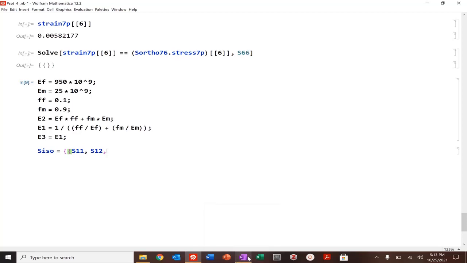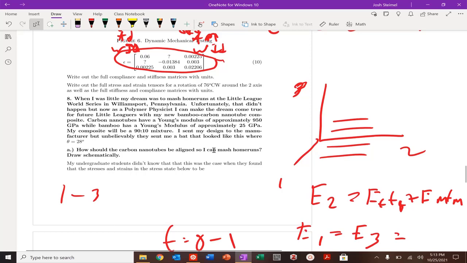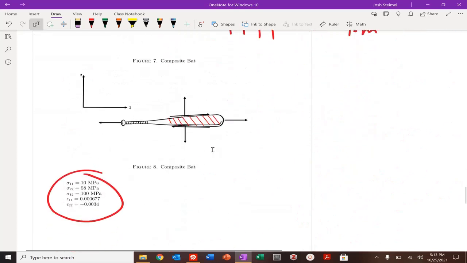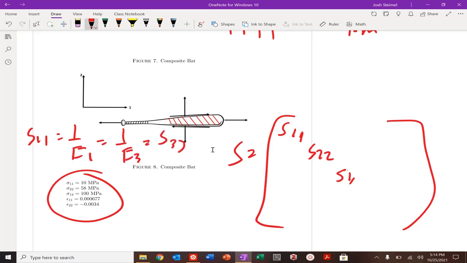So when I'm looking at a transversely isotropic material, we say in the 2 direction we have those components. So I know that my S11 is going to be equal to my S33, and my S22 is right here, where my S11 is equal to 1 over E1 equals 1 over E3 equals S33. Now, I'm going to have an S12.